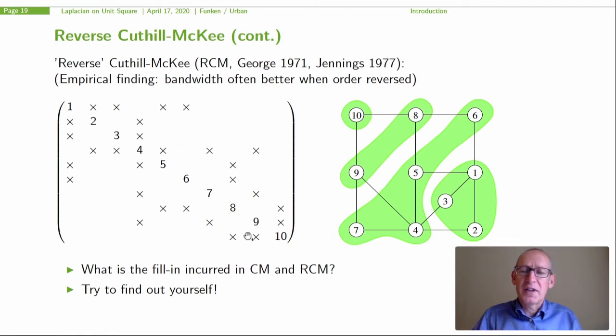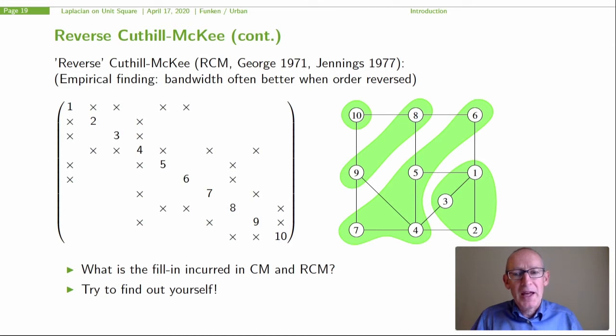These, of course, will have some not small bandwidth or envelope, but the fill-in is smaller than in the Cuthill-McKee method itself. Just have in mind this was intended to reduce the bandwidth or the envelope in connection with the Sky format.